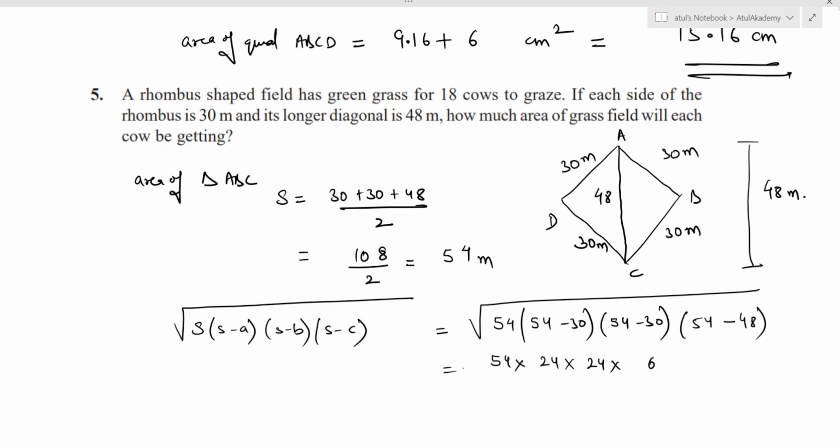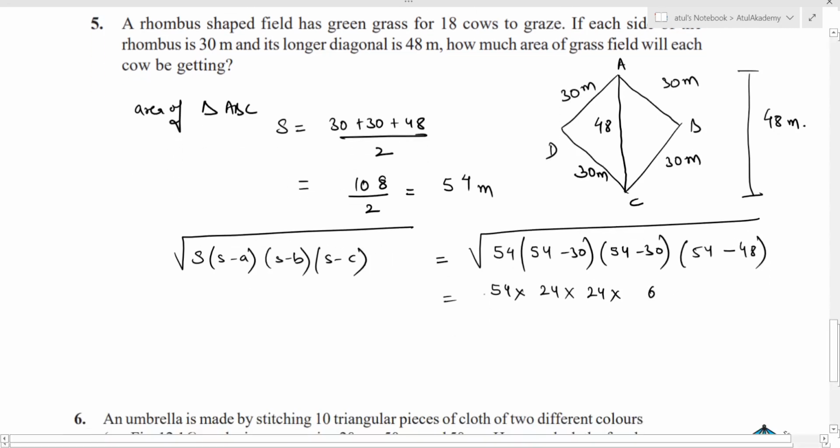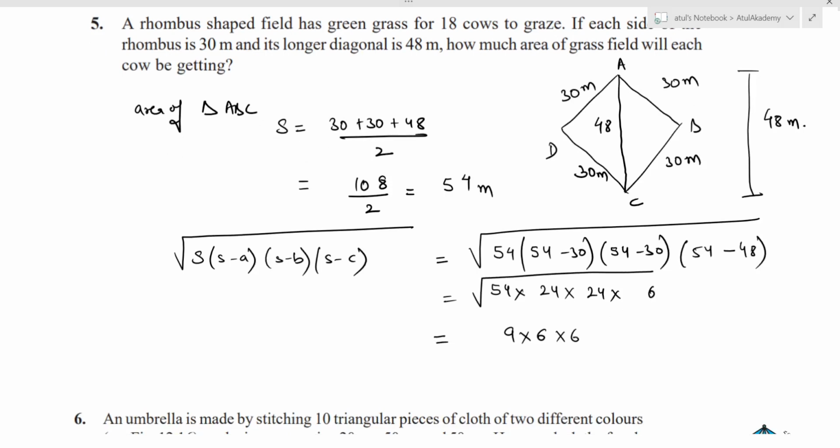Let's see if we get pairs over here. We definitely will, because 54 I know is 9 into 6. 6 is already there, and for 24 also we have a pair. 9 is 3 into 3. So we'll get 3, 6 and 24, so this is 18 into 24.